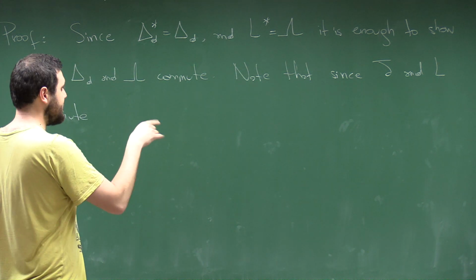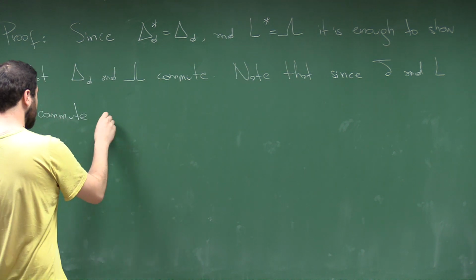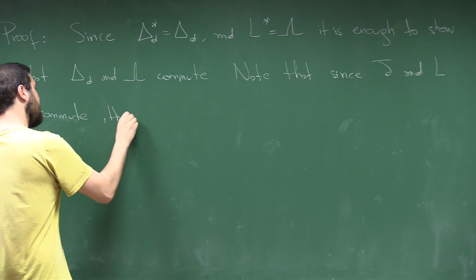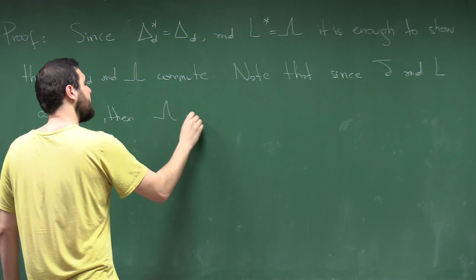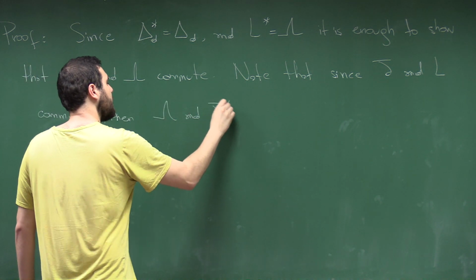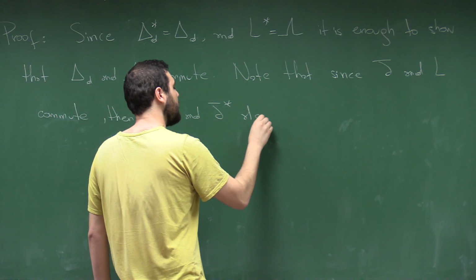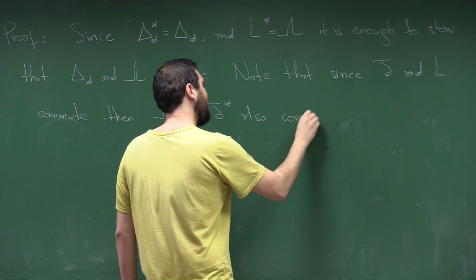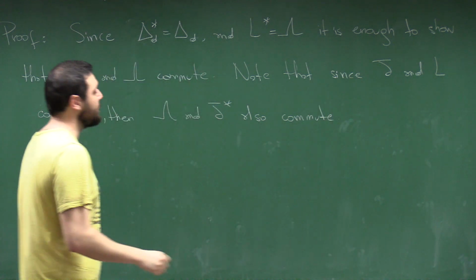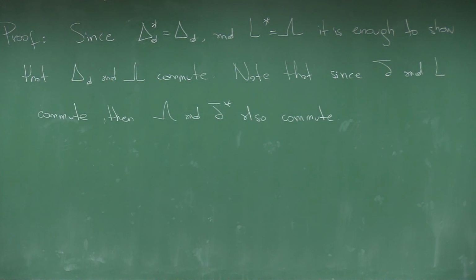So since these two guys commute, then lambda and the adjoint of partial bar also commute. Right?